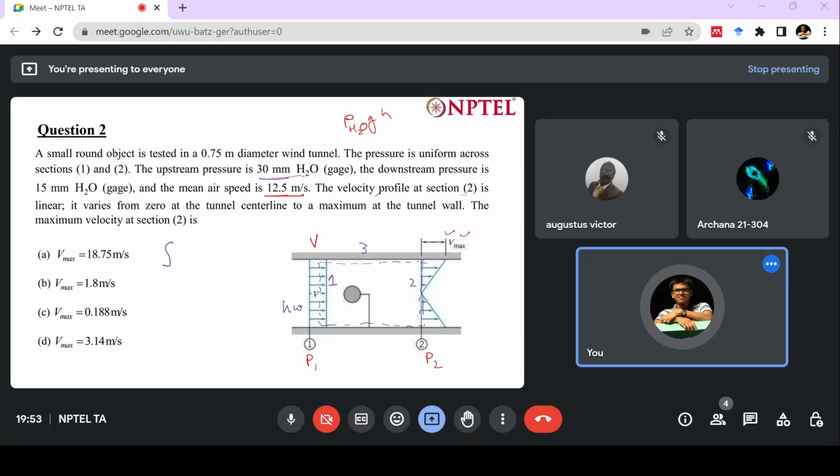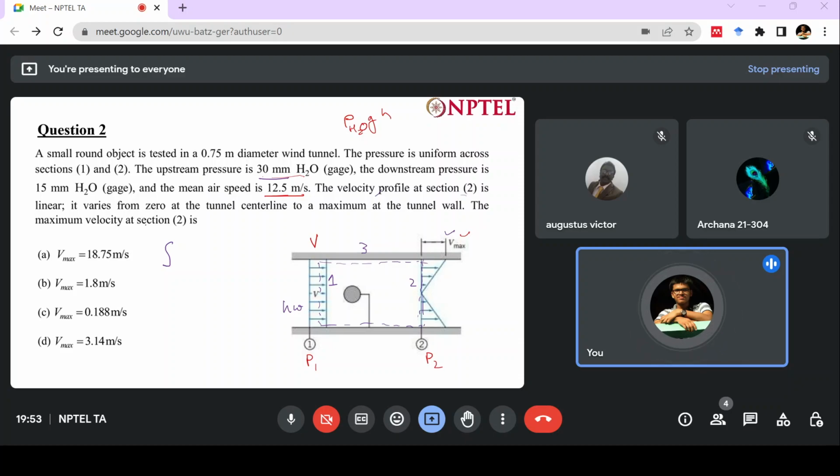But from reading this, what I understand is that this is not a 2D profile. What we have assumed is a 2D velocity profile, so there is no velocity spillage as such.